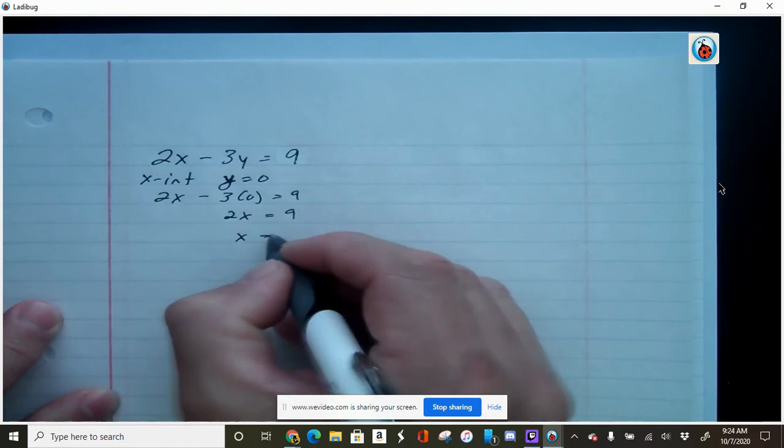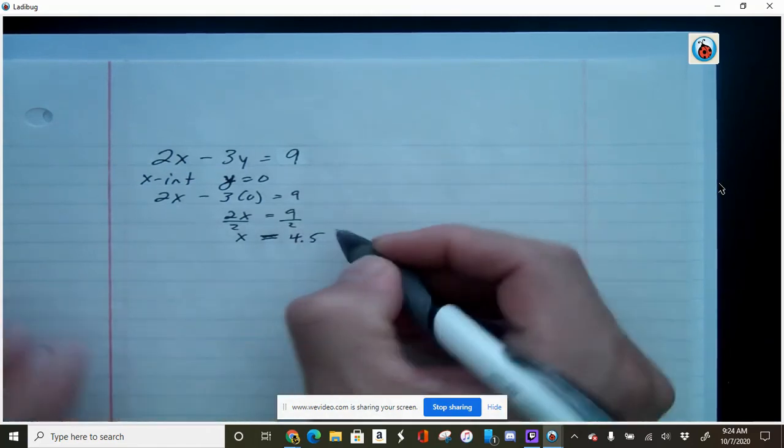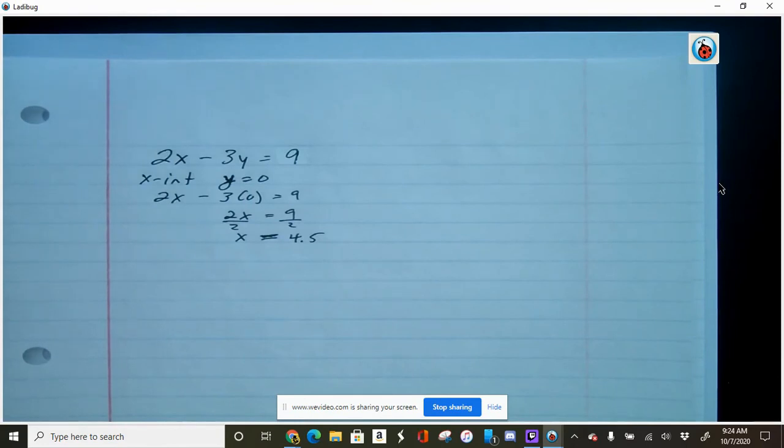Divide by 2, I get x equals 4.5. Well, I'm pretty sure I know where 4.5 is, but this is one of those situations where I get a decimal and I don't want to have to estimate where that 0.5 is. So this is the situation where we will not use the intercepts.